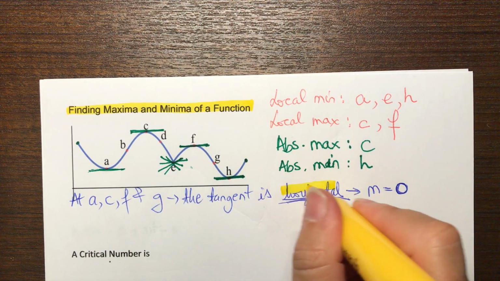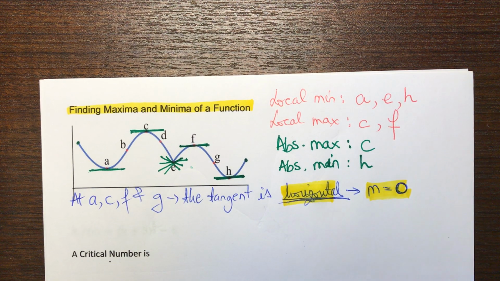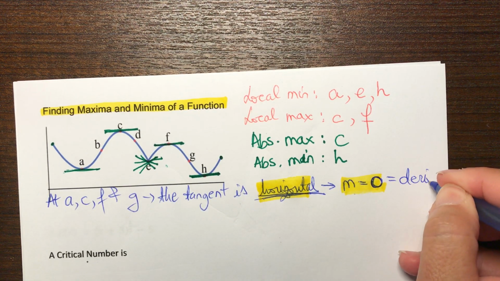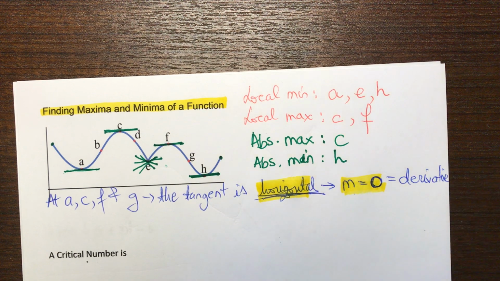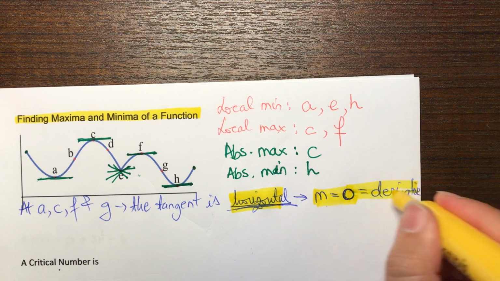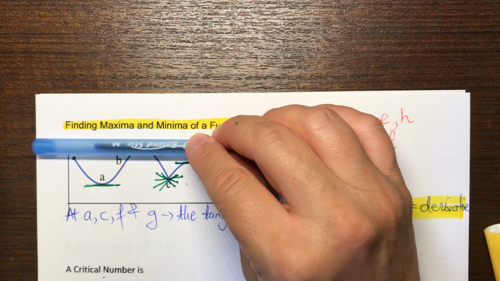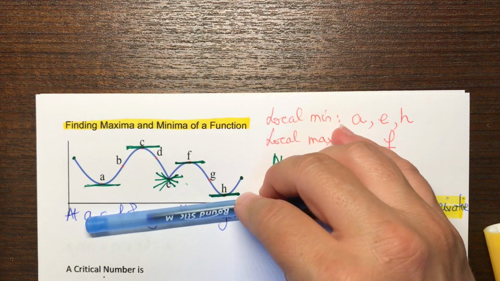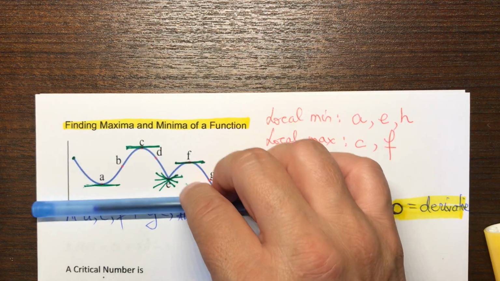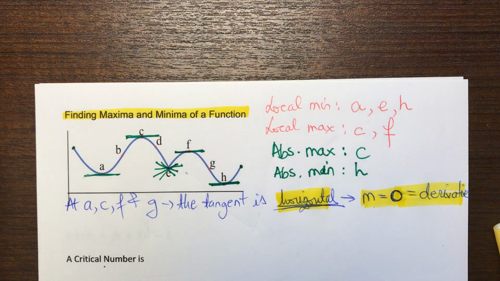Now what is the slope of a tangent line equal to? The slope of a tangent line is equal to the derivative. So it seems to me that's an easy decision. If I want to find a maximum or a minimum, I just need to find where the derivative is equal to 0. In other words, where is the tangent line horizontal? And so the slope of it, the derivative, would equal 0.